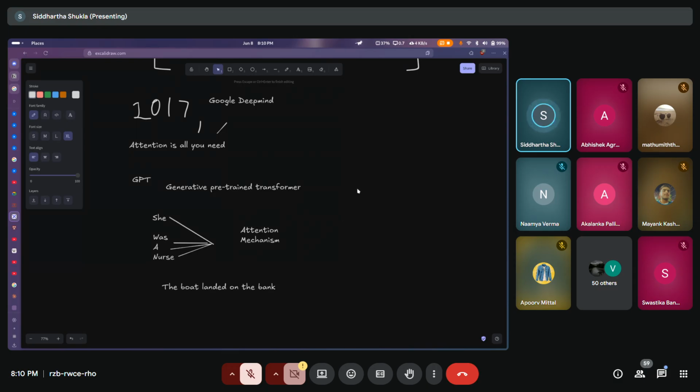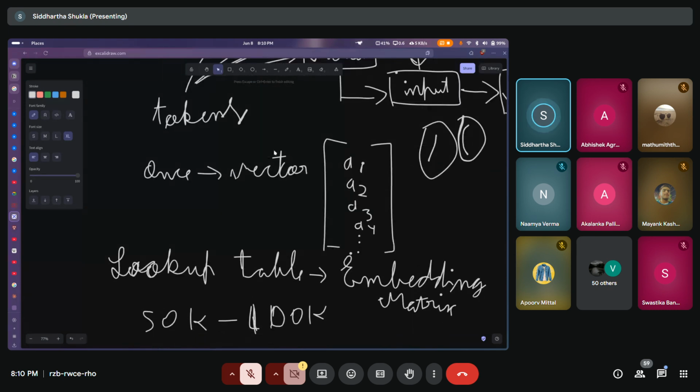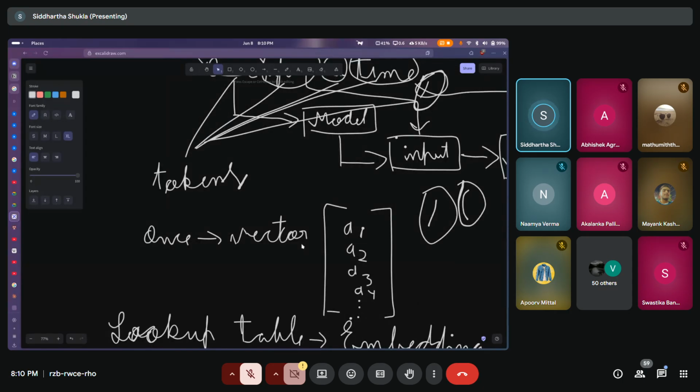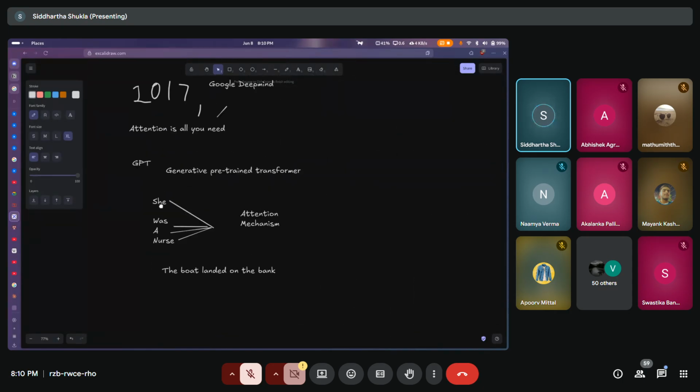Remember, I told you guys that all of these individual tokens are vectors inside an LLM. So all of these vectors for each word, each token, communicate with each other, and they change each other's values.